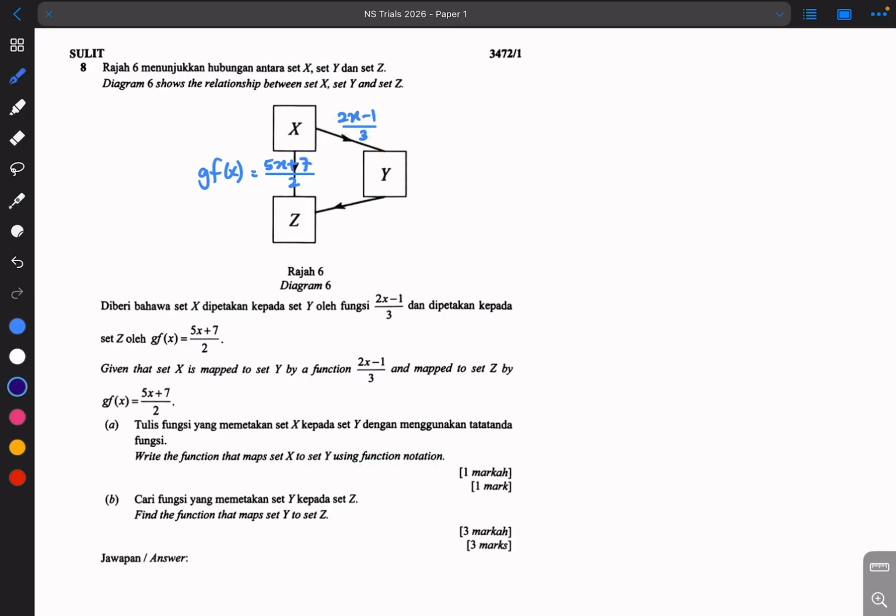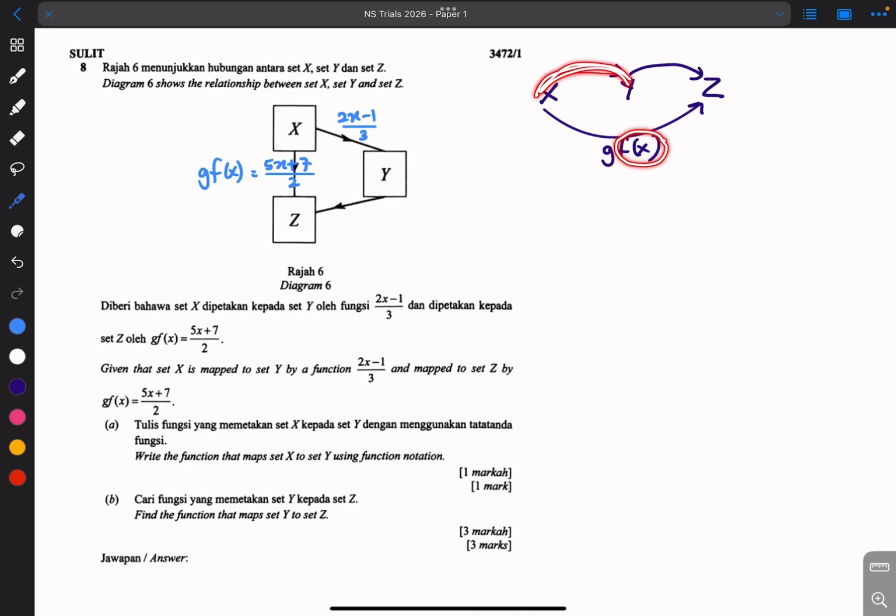Okay. So if we write the relationship between x, y, and z in a straight line, the function that maps x to z is a composite function g of f of x. Here we need to know that whenever you have a composite function, the first function is actually the last one written.